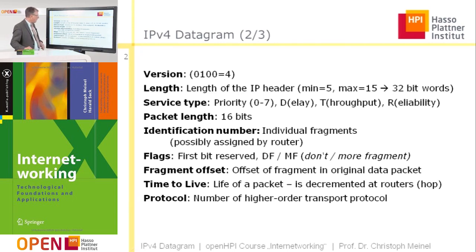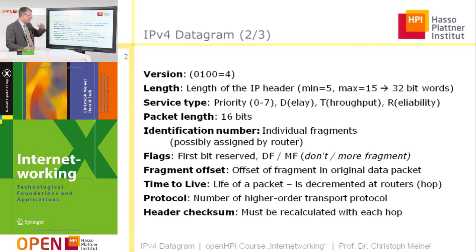And then we have the protocol field. In the protocol field, there is a number, and the number identifies the higher transport protocol of the next level. We have the field for the checksum. Of course, the checksum needs to be recalculated with each hop.